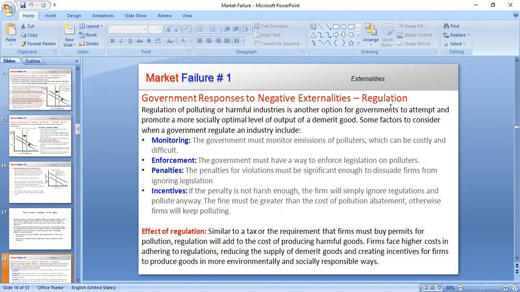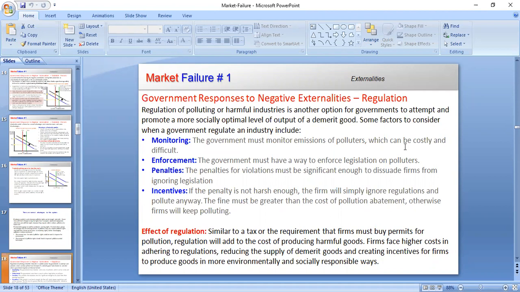We are looking at the government now using regulations or laws, right? So the government can use the regulations or laws, which we also call the command and control approach. In these regulations, the government monitors the emissions of these polluting farms.